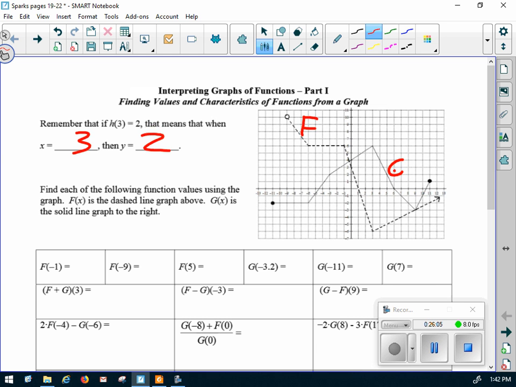G is the solid line. You probably want to label those so that you don't get them mixed up. Dotted line is F, yeah. And the solid line is G.